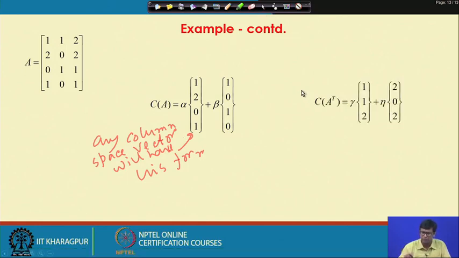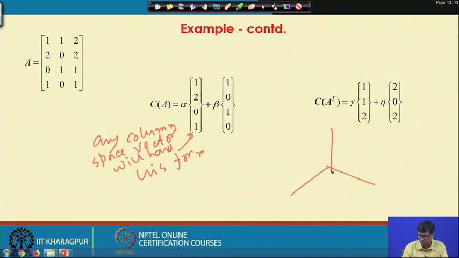And the row space will similarly look like this. The column space of A transpose is some constant gamma times 1 1 2 plus some constant eta times 2 0 2, and any vector in the row space will have this form. So, we can construct the plane in 3D.